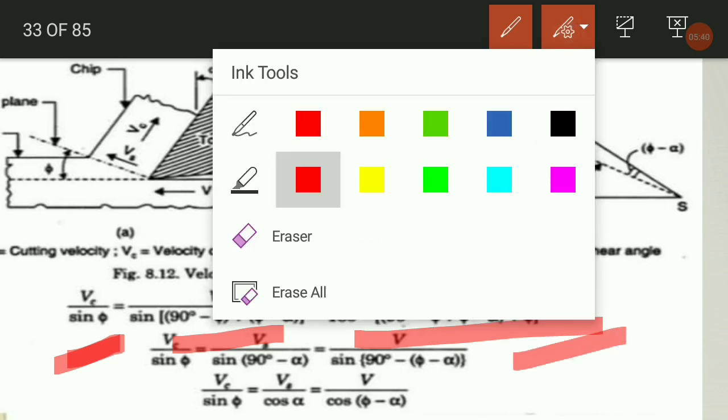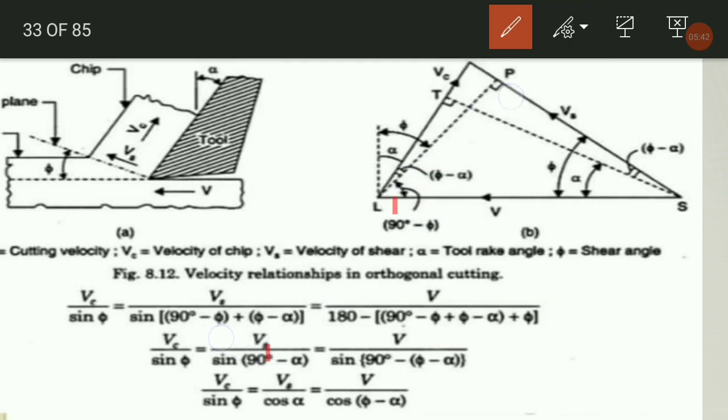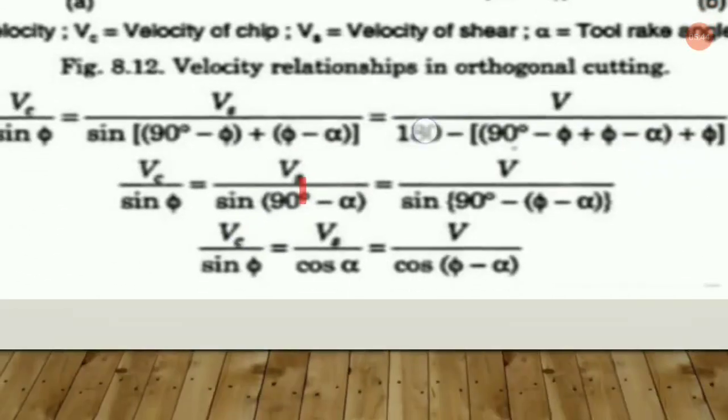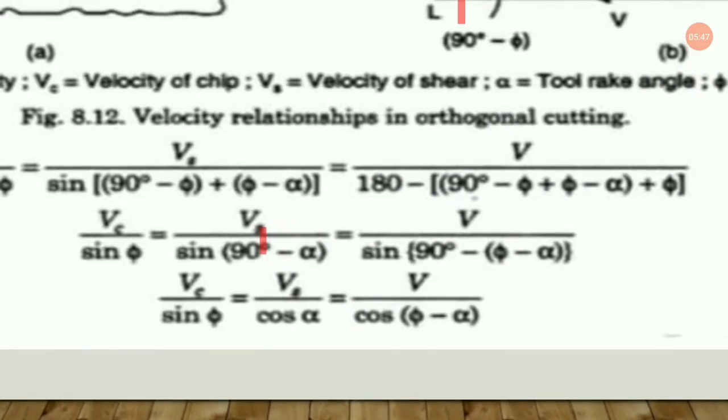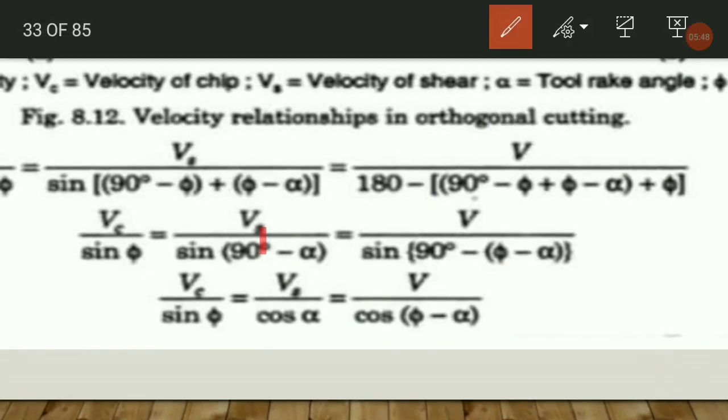After simplification, you will have this equation: VC by sin phi equals VS by sin 90 minus alpha equals V by sin 90 minus phi minus alpha.